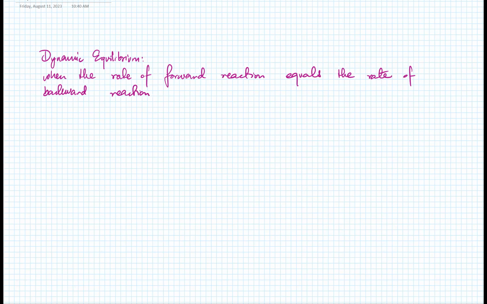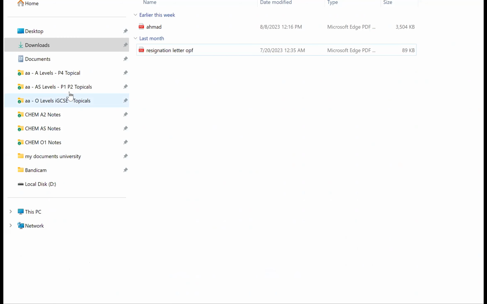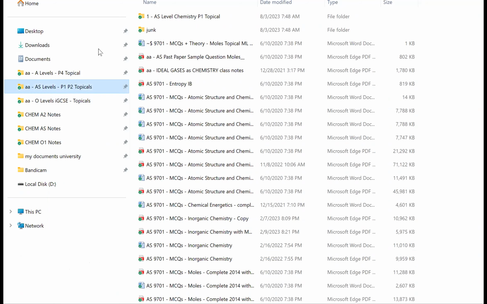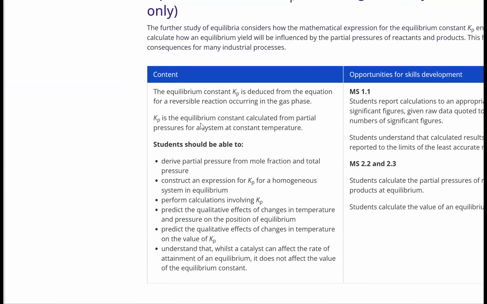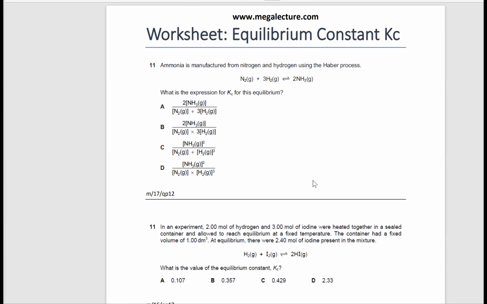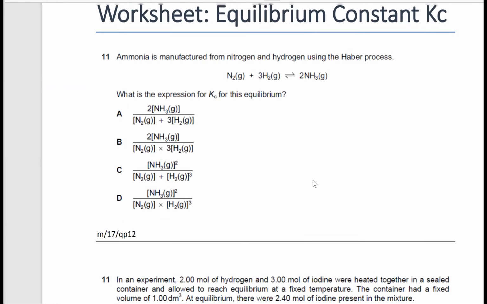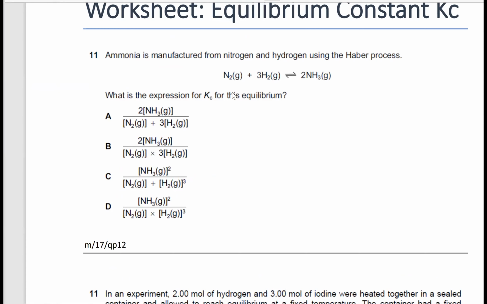As I said, since you've already done this part, we can jump to past paper questions related to this. We can start off with KC questions. Starting with the first one, can you tell me what the expression for KC in this case is?